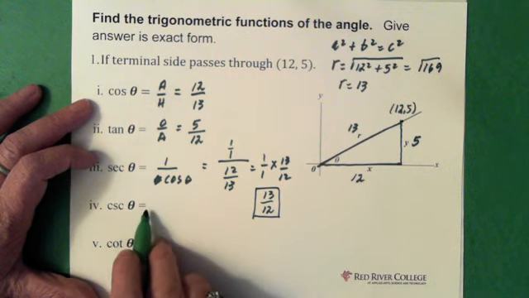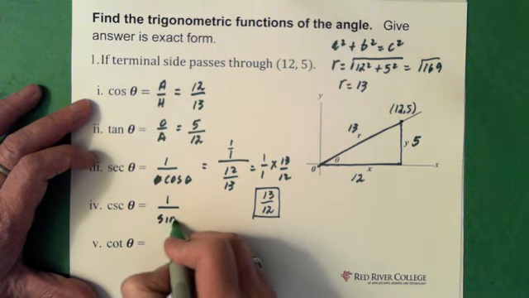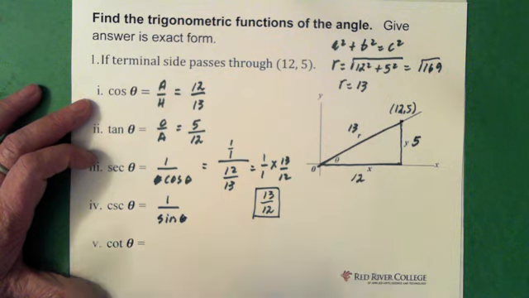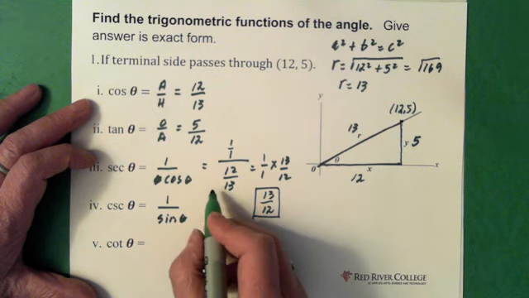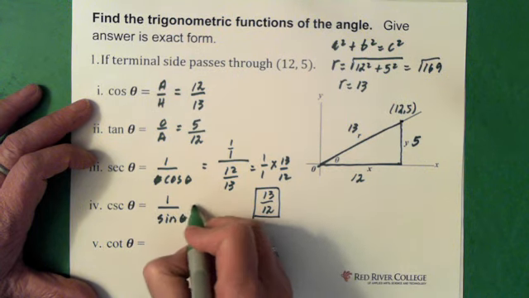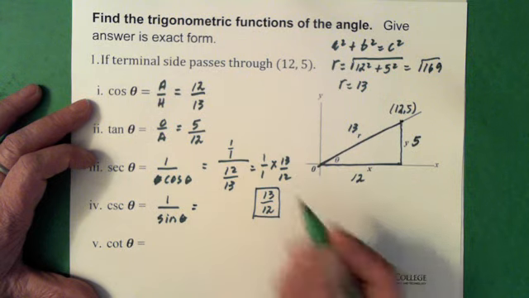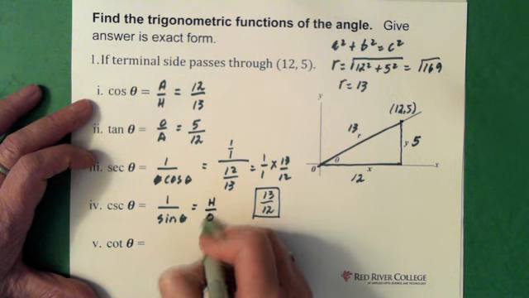Now the cosecant is 1 over the sine of theta. We didn't solve for the sine of theta, but we know the sine of theta is opposite over hypotenuse. So the cosecant must be the inverse of that, the hypotenuse over opposite.